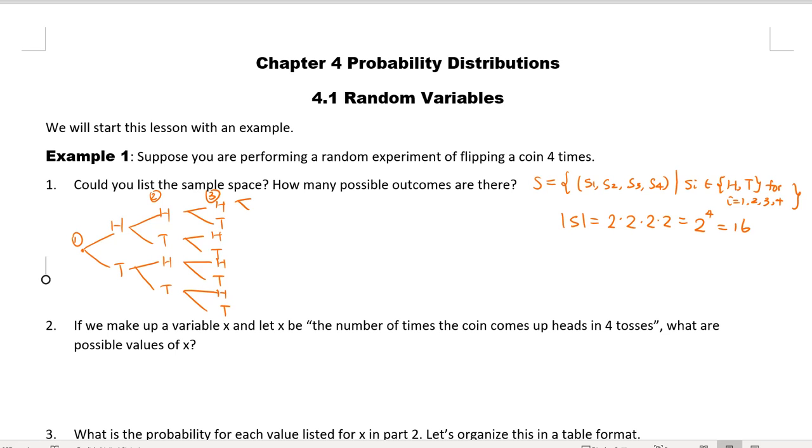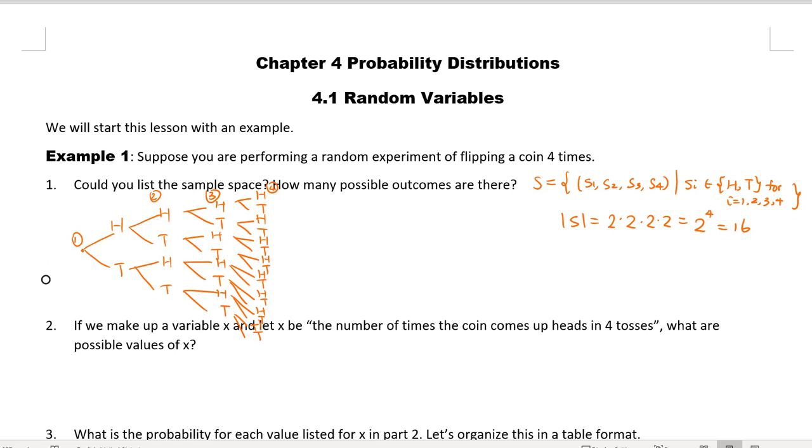And then the fourth one can also be head or tail. Oh, almost ran out of space. Head, tail, head, tail, head, tail, head, tail.